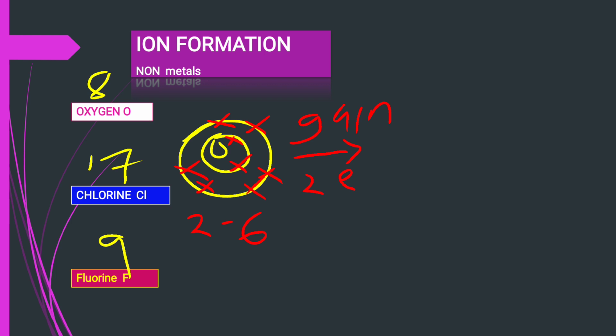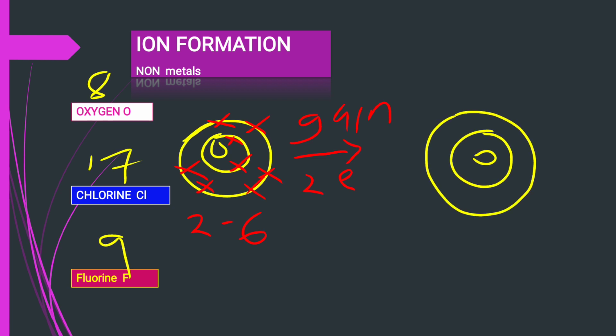So its ion will look like this. We will have oxygen followed by the first energy level and the second energy level.